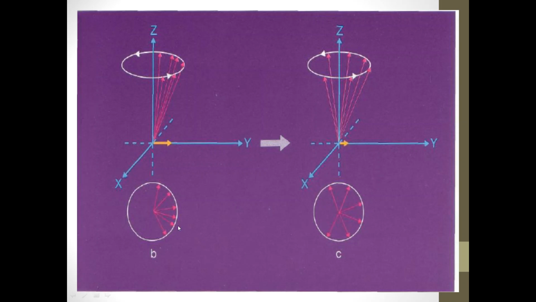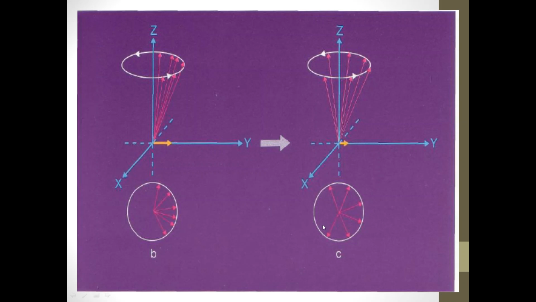This dephasing causes loss of signal, loss of magnetization. So the transverse magnetization decays due to the spin relaxation. After a certain time you will find each proton in a certain direction, and another proton in the opposite direction, so they neglect each other.